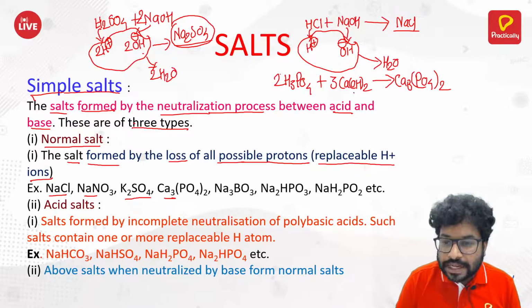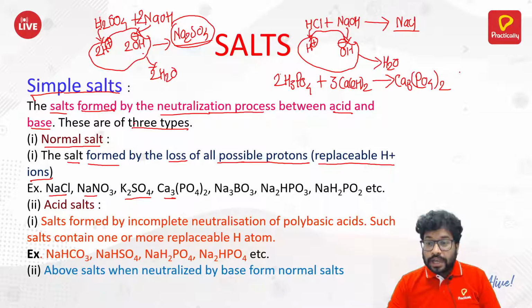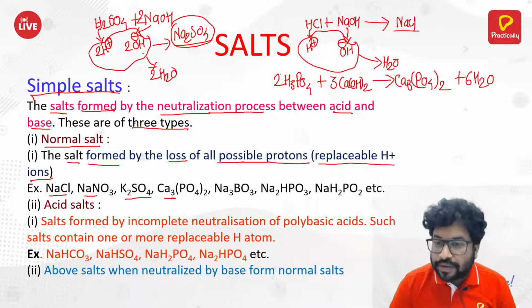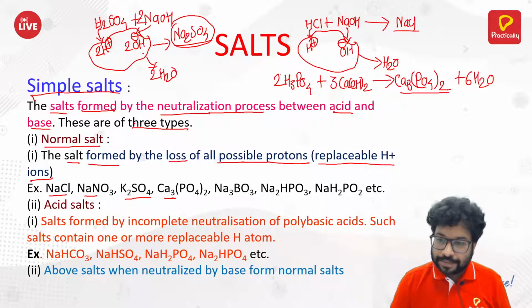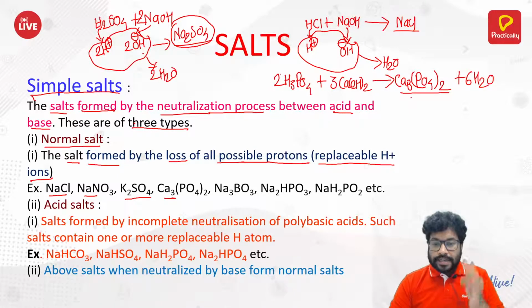So this will give you 6OH-. 6OH- will combine with 6H+ to give you 6H2O. Okay, and these 3 calcium and these 2 phosphate will combine to give you calcium phosphate. So you do not have a single proton here.